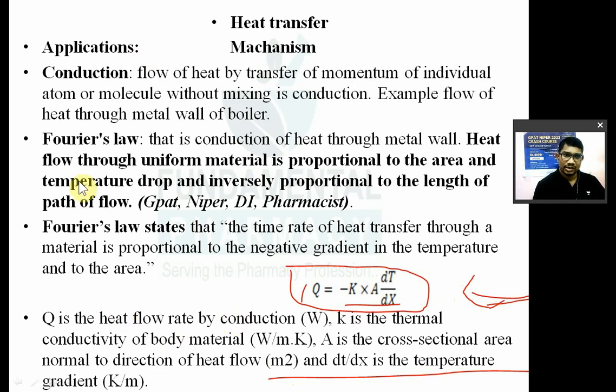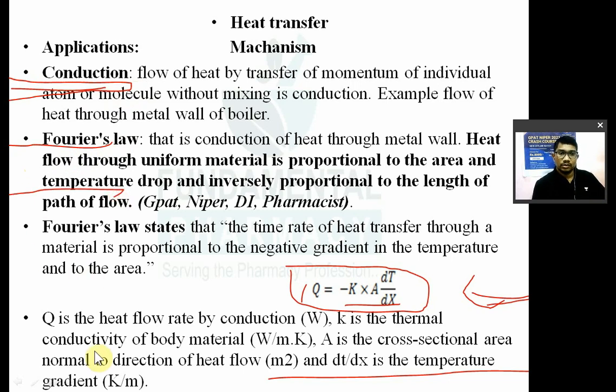So what is important from the mechanism of heat transfer? Conduction is the mechanism of heat transfer for metals. Okay, question इसके ऊपर GPAT 2021 में. Fourier's law governs the heat transfer by conduction. So it states that heat flow through uniform material is proportional to the area of that metal and temperature drop across the metal, and inversely proportional to the length of that metal, right?